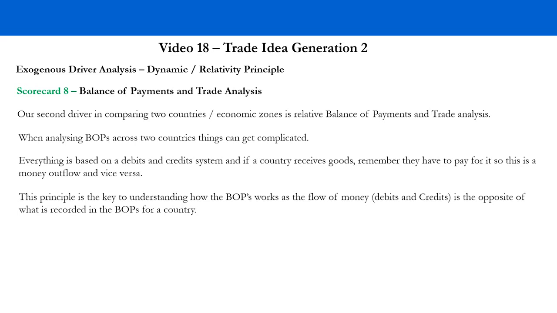The best place to start building this out is to start understanding how the debits and credits system works for a balance of payments. So let's look at the basics. Everything in balance of payments is based on a debits and credits system.